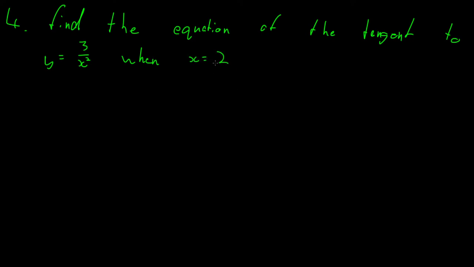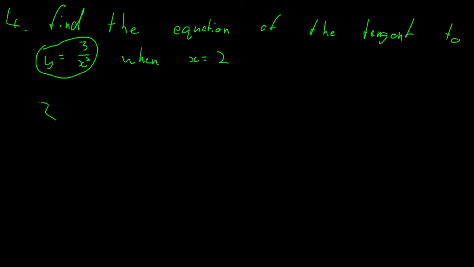Alright, so here's what we're gonna do to start solving this. The first thing we have to do is work out what the tangent is, and to do that, we have to take the derivative. To take the derivative of this, you'll see the x on the bottom, so we have to move it up to the top.